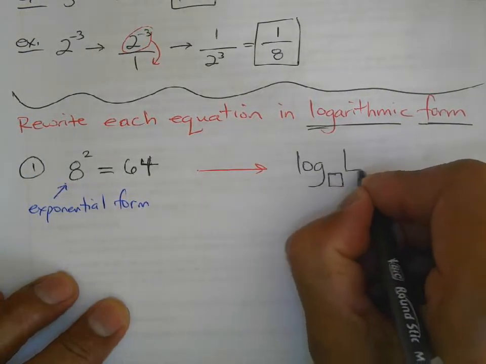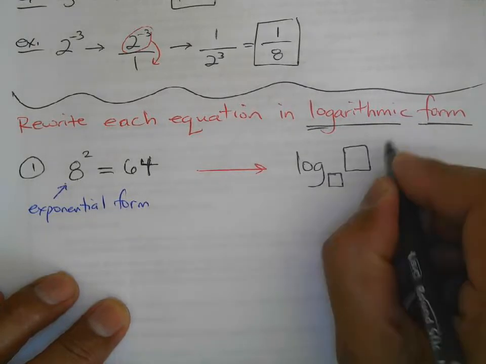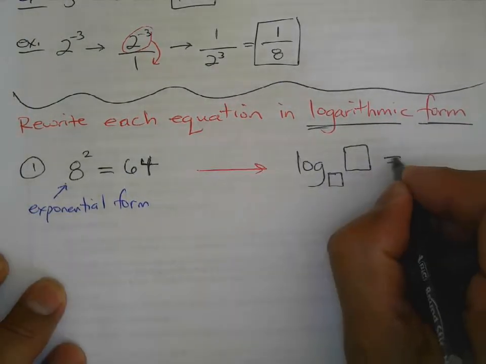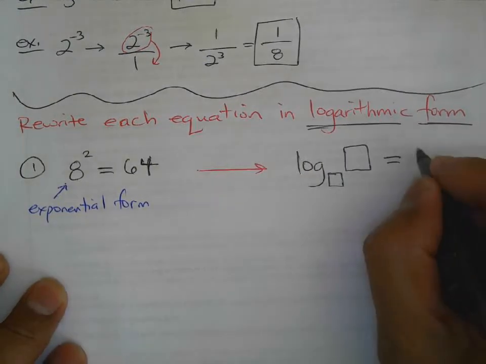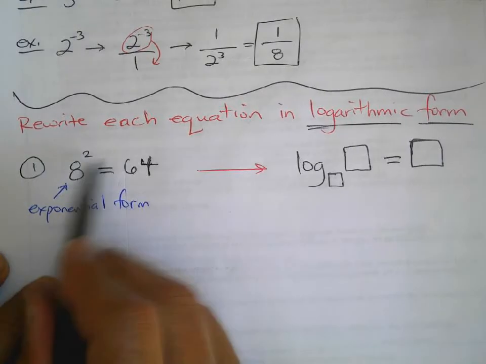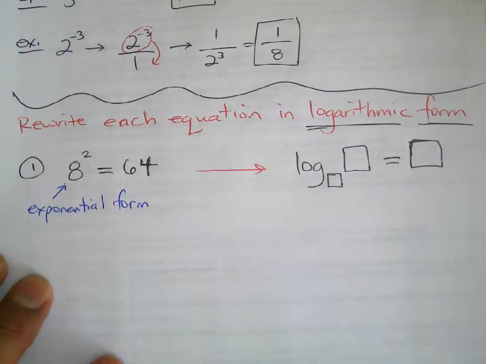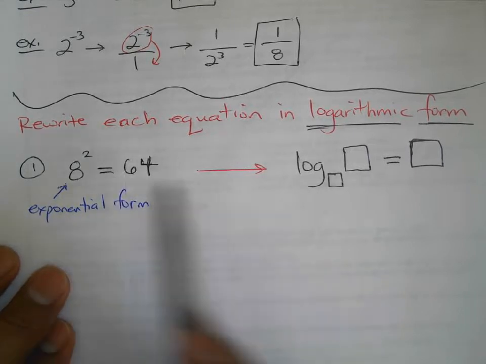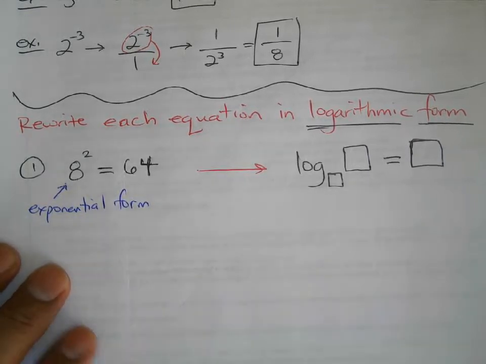Then the value goes here. Equals, right? Because it has an equal sign, so don't forget it has the equal sign. And then another number here. And you're using these same numbers, it's just the way it's arranged that looks off. Because see, you're familiar with this, you're not familiar with this.